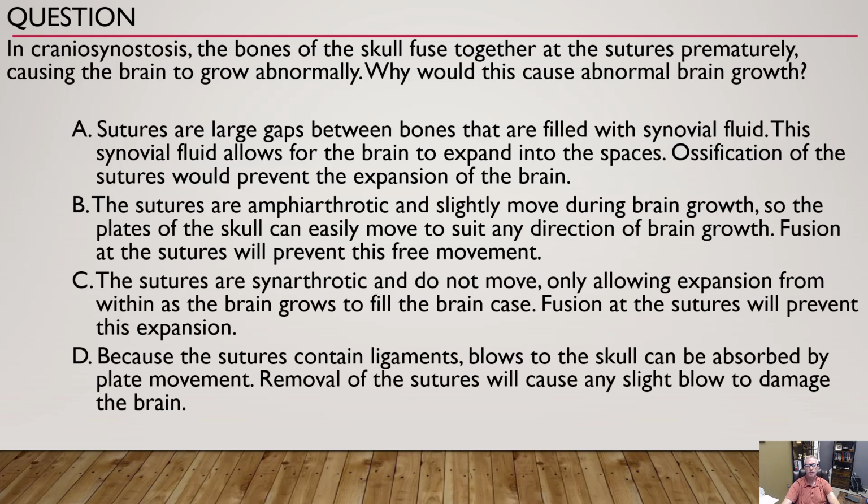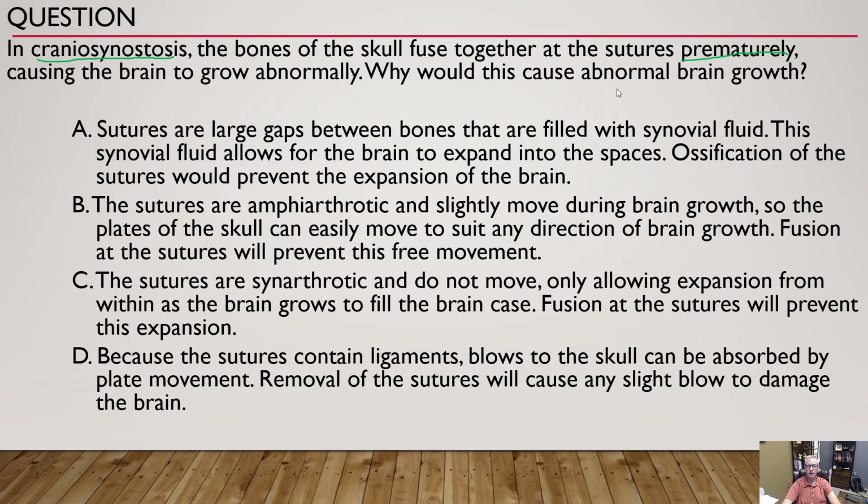All right, so kind of go back to what I was talking about with the baby's brain growing. So we have a condition called craniostenosis. And in craniostenosis, the bones of the skull fuse together at the sutures prematurely, causing the brain to grow abnormally. Why would this cause abnormal brain growth?